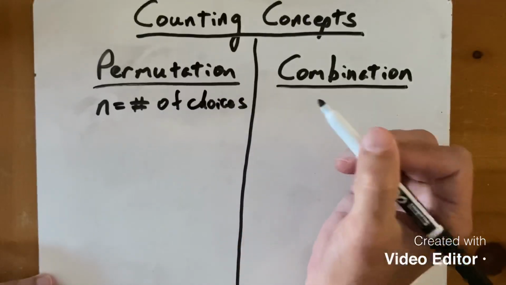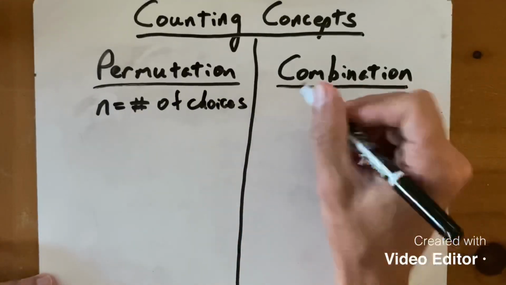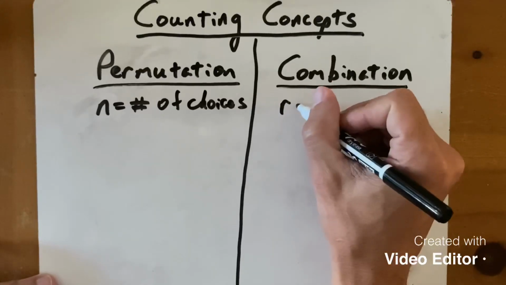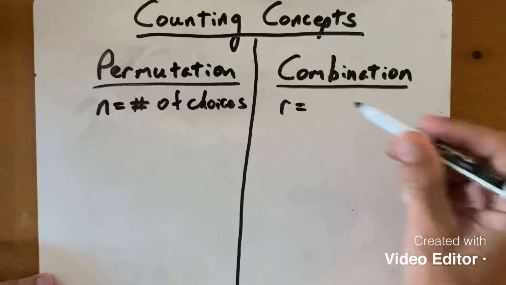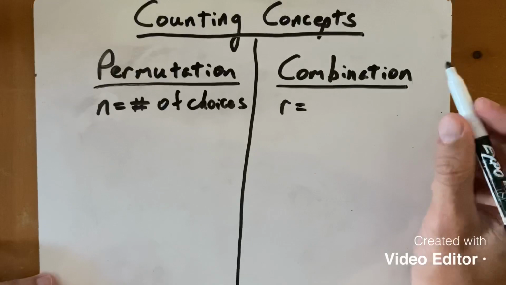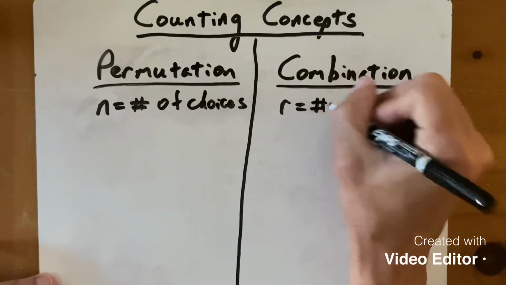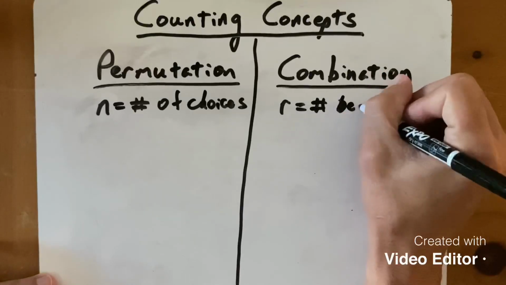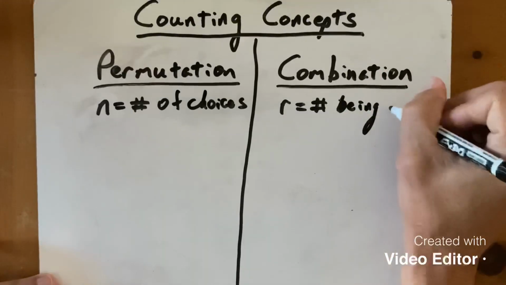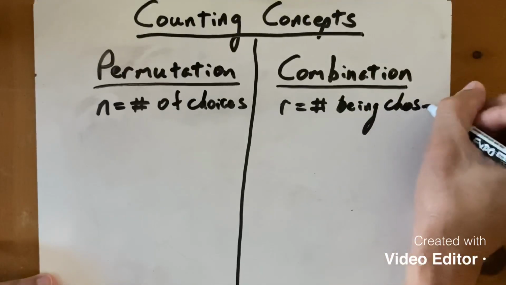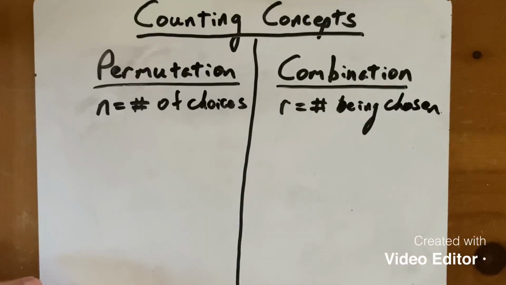And r, lowercase r, is going to represent how many we're choosing from that group, the number being chosen. So n is how many choices we have, r is how many we are actually choosing.